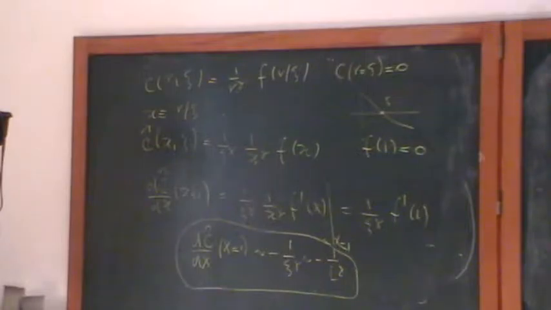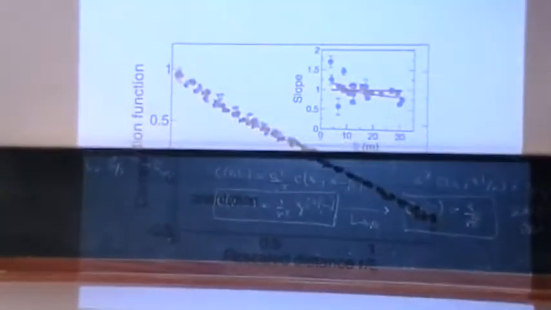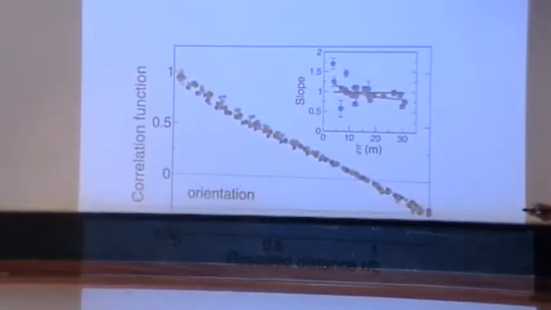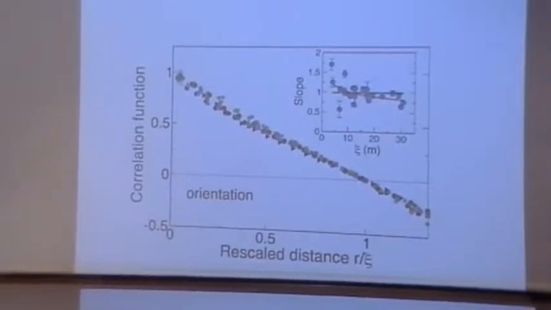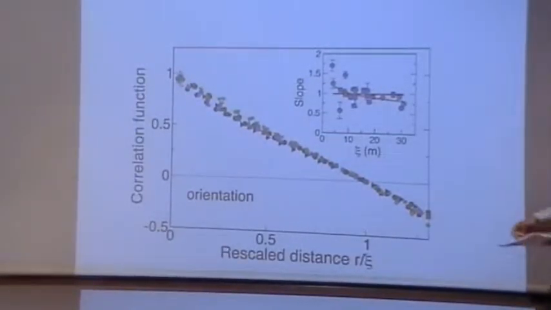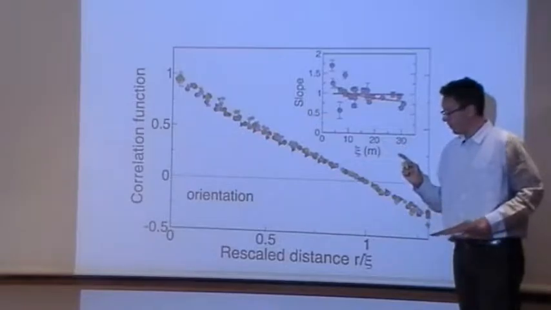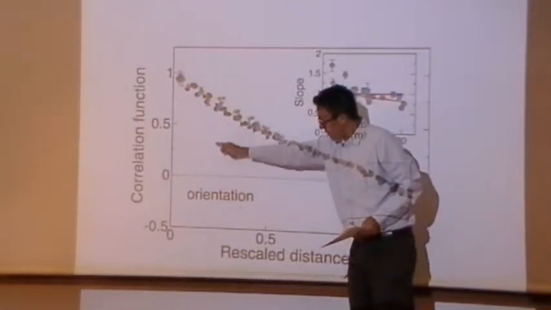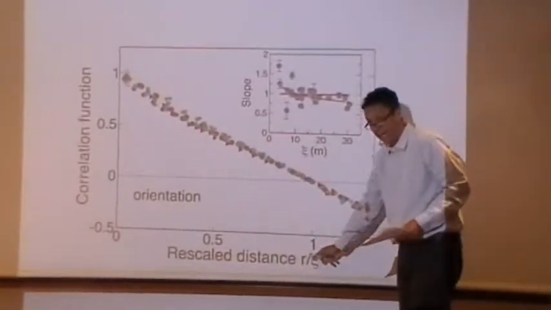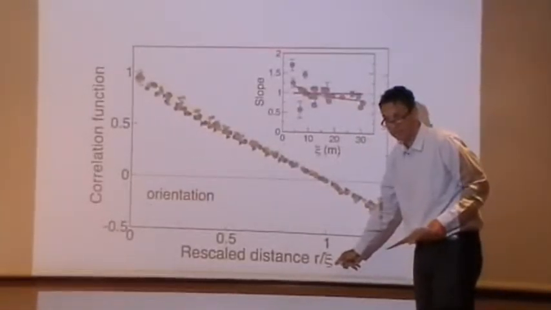So this is the result. These are several flocks now, one instant of time per flock. We're just plotting the correlation function as a function of the rescaled distance, r over xi.